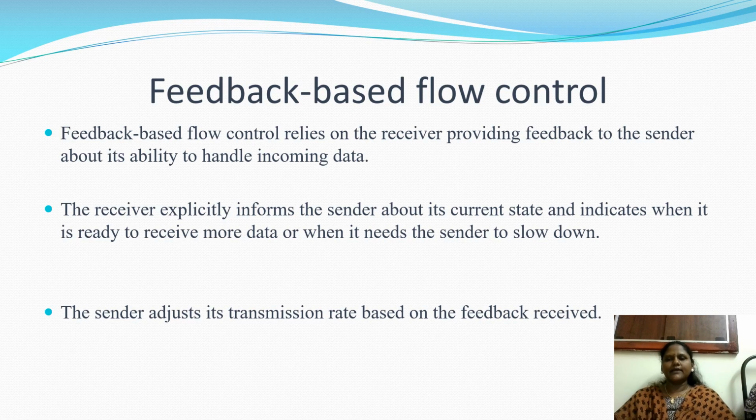The number of frames sent by the sender will be decided only based on the receiver's feedback. So the sender is going to adjust its transmission rate based on the feedback received from the receiver.